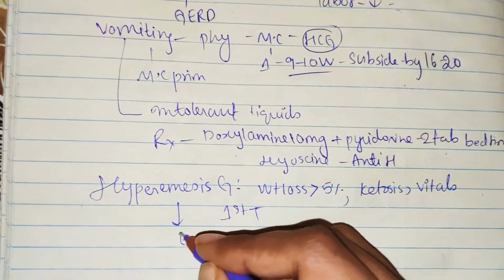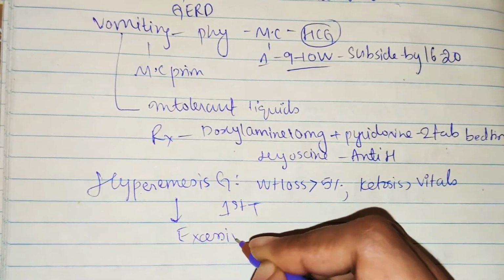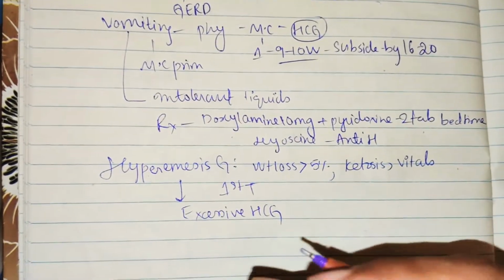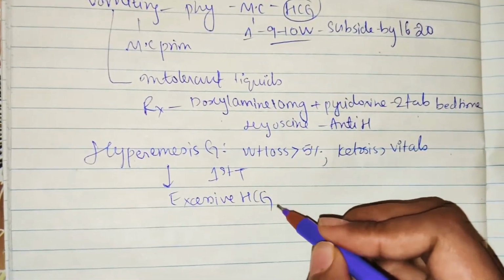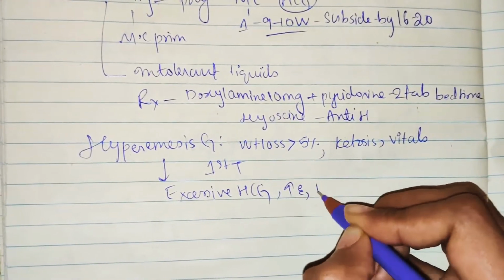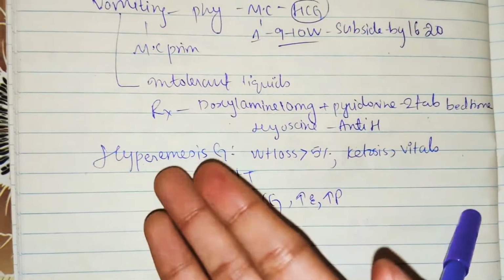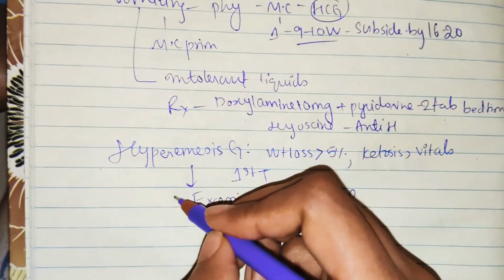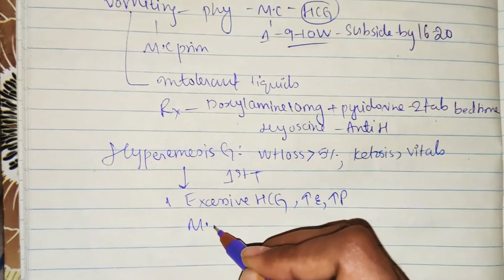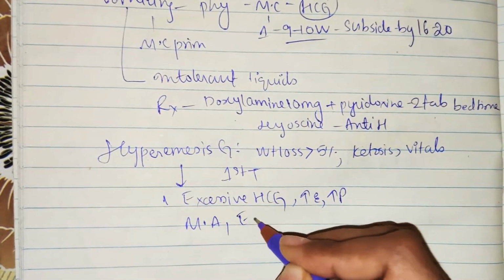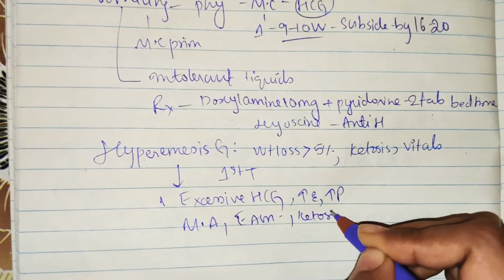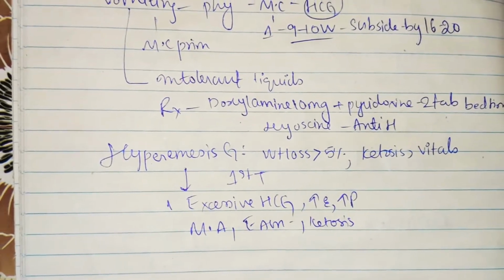Here also the main reason is excessive HCG. In the normal case it is also because of HCG, but here the HCG is more excessive compared with normal, and there is also more estrogen and more progesterone. All these lead to hyperemesis gravidarum. The clinical features are metabolic alkalosis, electrolyte abnormalities like hypokalemia, and ketosis.